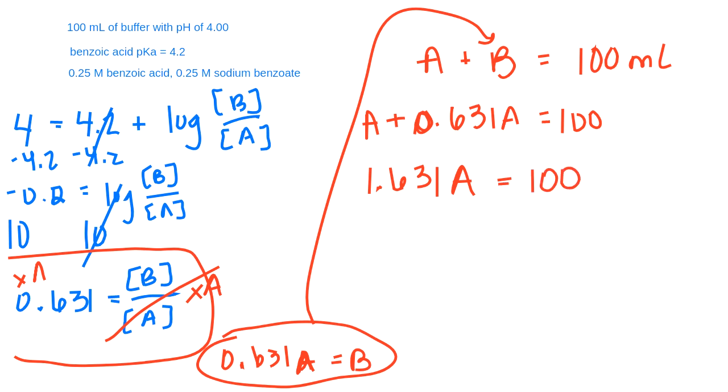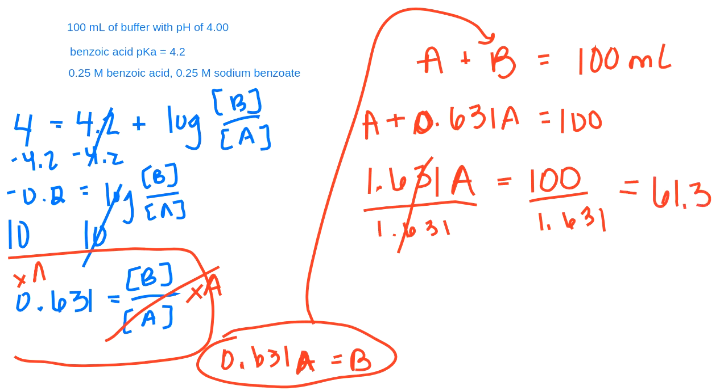Again, all I'm doing is adding my like terms. So to find A, we can divide by the 1.631. So 100 divided by 1.631 gives us 61.3.